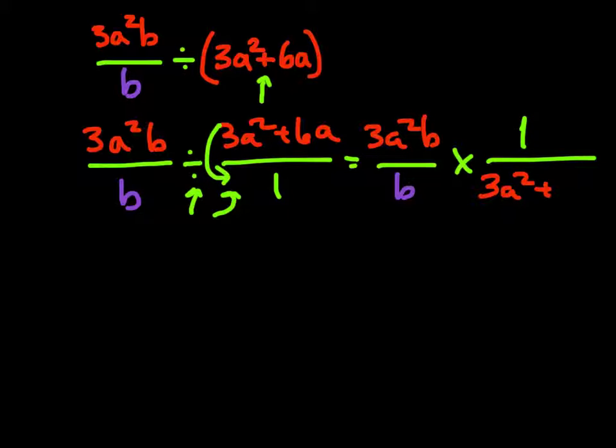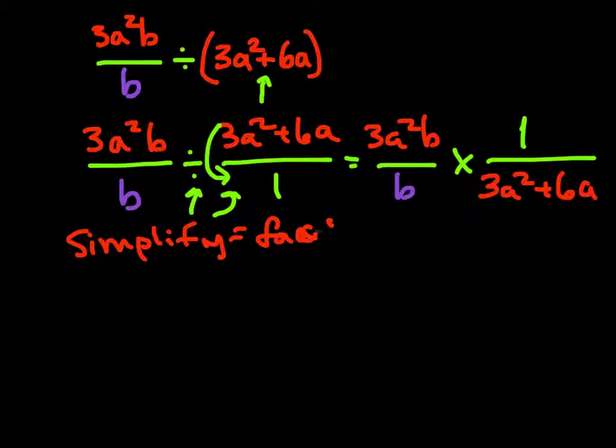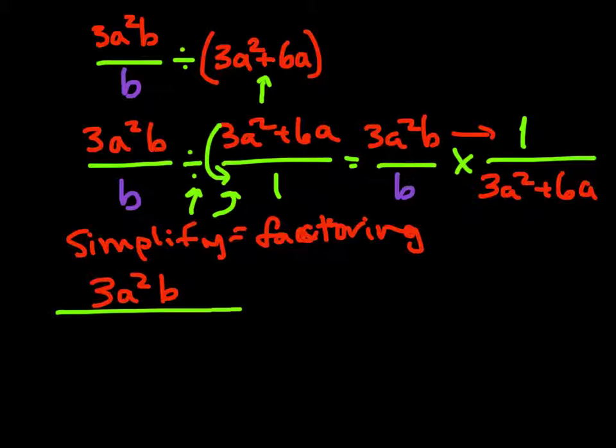From there, all we need to do is simplify, and we know simplification means factoring. Those are synonyms in this case. So we have 3a squared b. We can't do any factoring there, over b, times the GCF of 3a, not b.